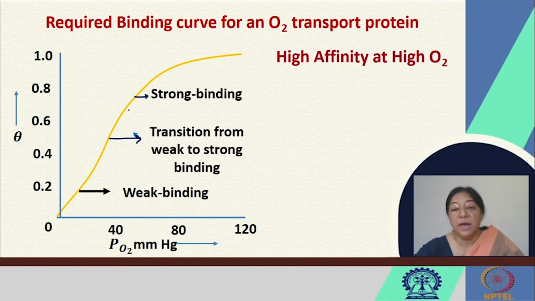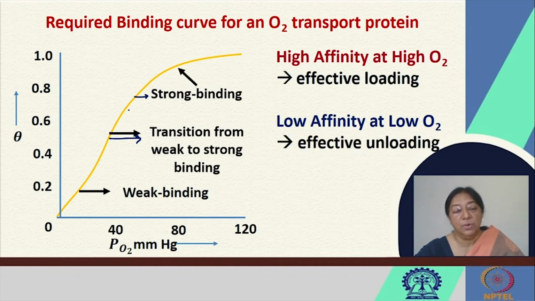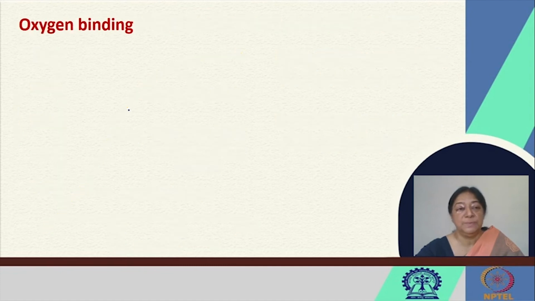So there would be high affinity at high oxygen levels, indicating very effective loading, and low affinity at low oxygen levels, indicating effective unloading. So we would have the weak binding initially, the transition from weak to strong binding, which would result in effective loading at high affinity, and effective unloading at low affinity of oxygen, an ideal transport protein.